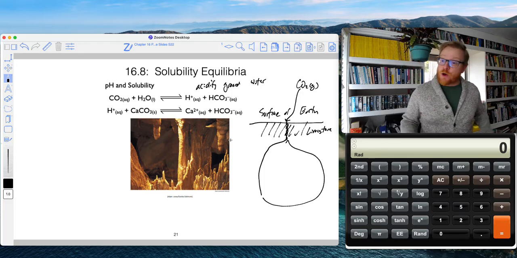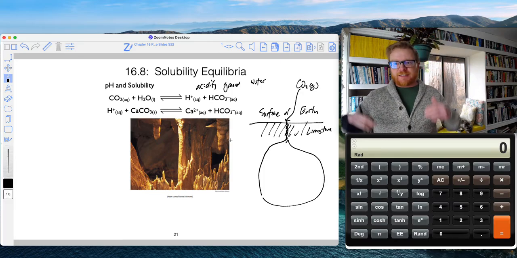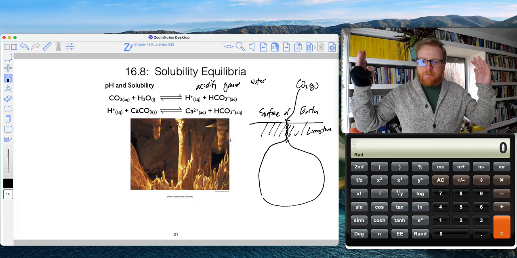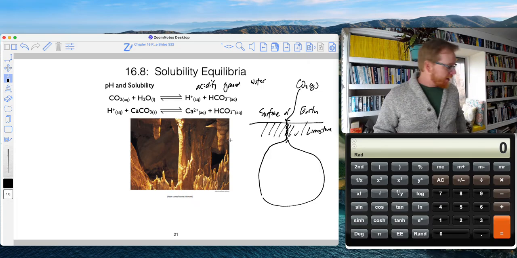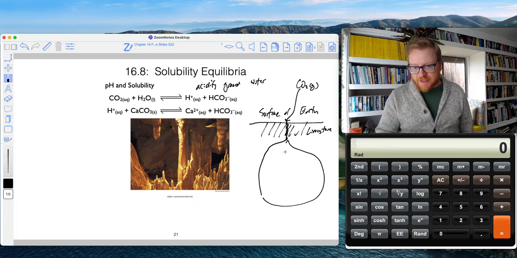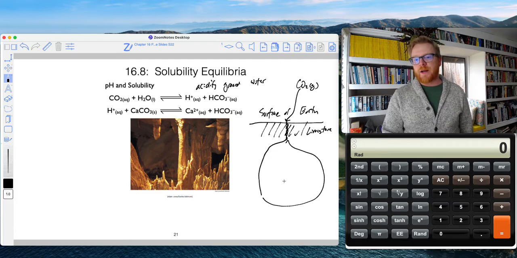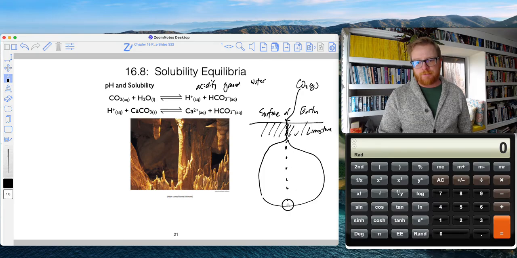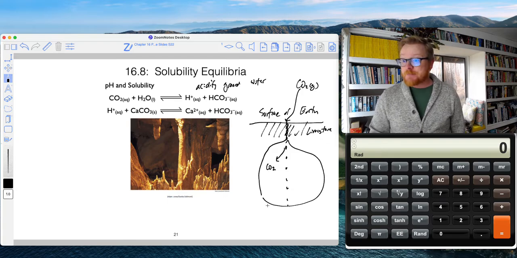And it will also leave these stalactites on the top and stalagmites on the bottom. And the reason why it does that is because now once we've opened up this big cavern and as more and more groundwater continues to drip in, so we'll say drip, drip, drip, now in these drips, CO2 is outgassing, okay?